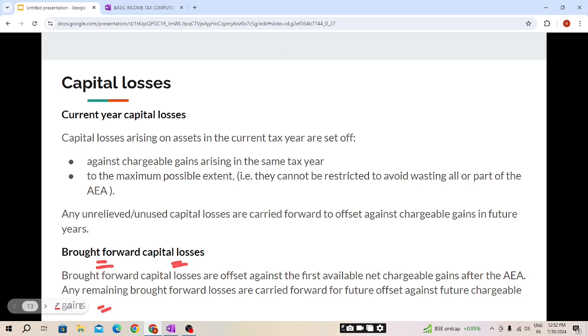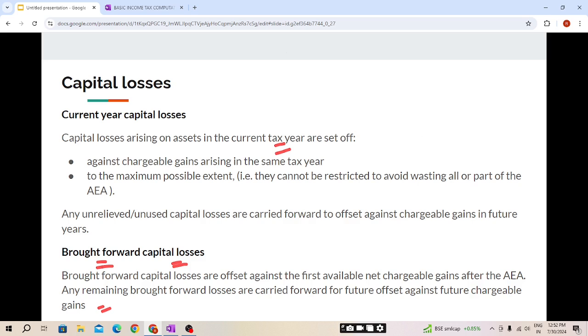As we have seen, students, in the case of property losses and trading losses, we will also have capital losses. The capital losses arising on the assets in the current year will be set off against the chargeable gain immediately before the AEA. Before the AEA we need to set off the current year capital loss, and there is no partial claim allowed.